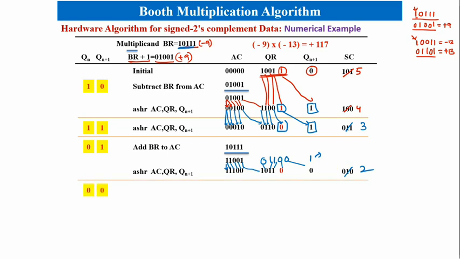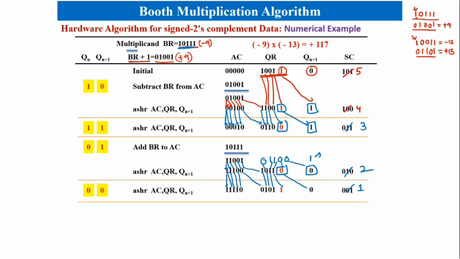Now both Qn plus 1 and Qn are zeros, so it has to perform an arithmetic shift right. Because there is no change, you are going to get this value, since including the sign we are shifting right. This is the value, and this is going to become 1. Because the sequence is not 0, it is to be repeated one more time.